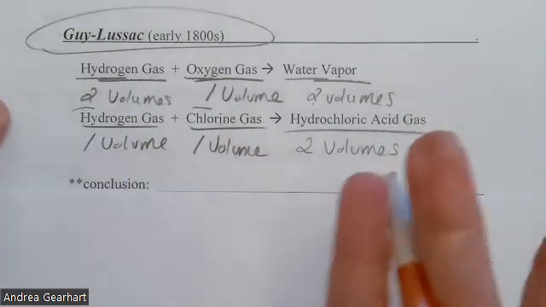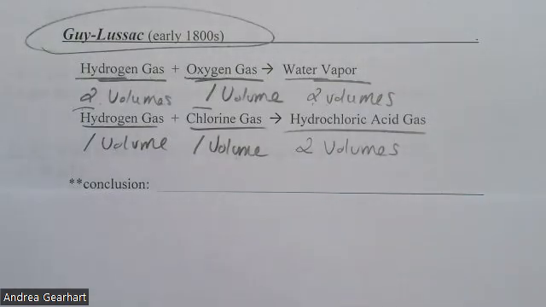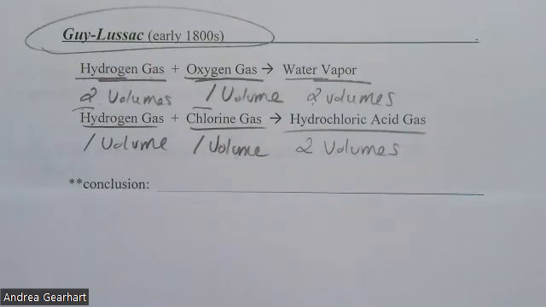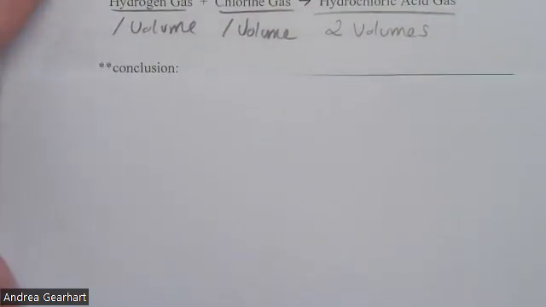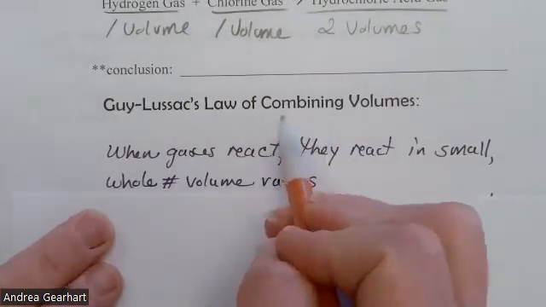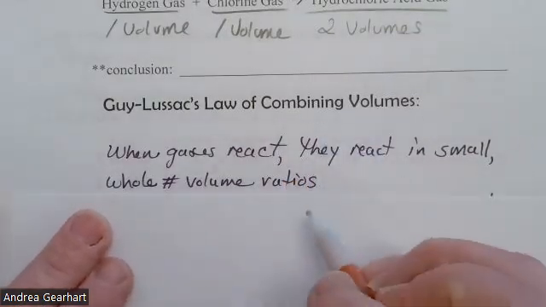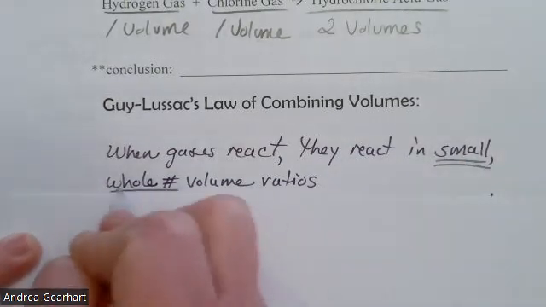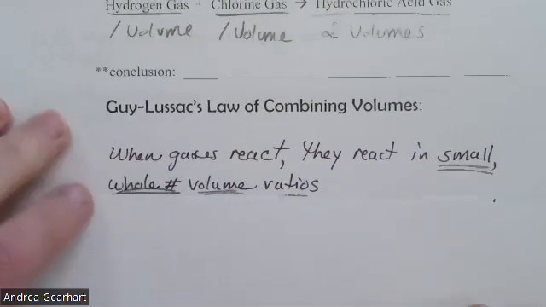So the conclusion he could make, which was a sound conclusion, was not that volume is conserved like mass is in a chemical reaction. However, when gases react or combine, as far as the reactions he was looking at, they react in small whole number volume ratios.